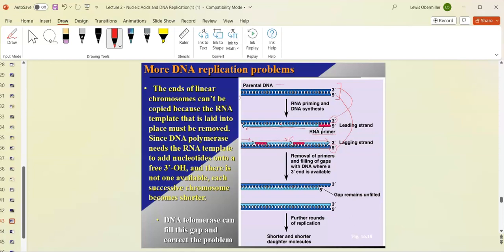So the primase and the DNA polymerase 3, no problem. But once the polymerase 1 removes this primer, right, no polymerase can synthesize on this 5' phosphate end. So every time your DNA is replicated, the strand gets shorter and shorter and shorter.